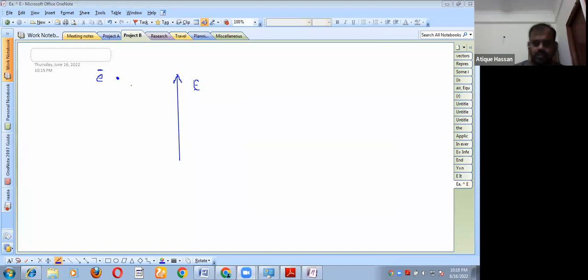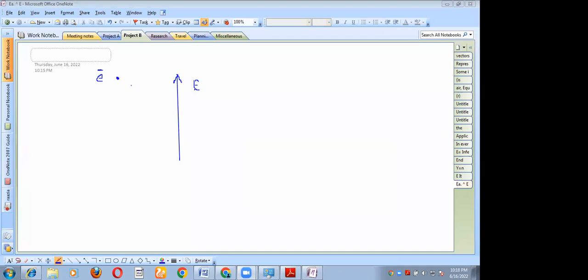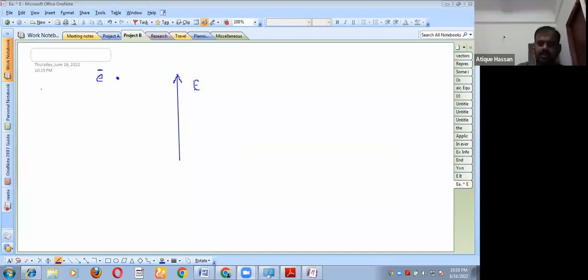Suppose we have an electric field in the upward direction. Downward, correct? Shravya is saying downward.